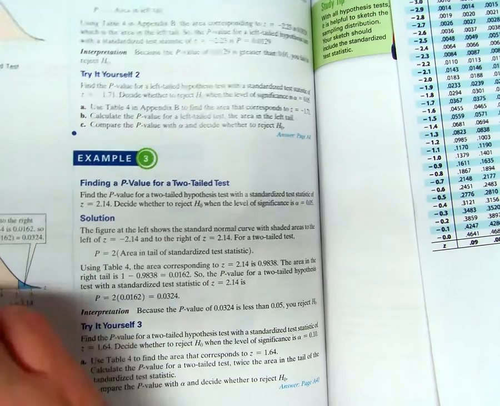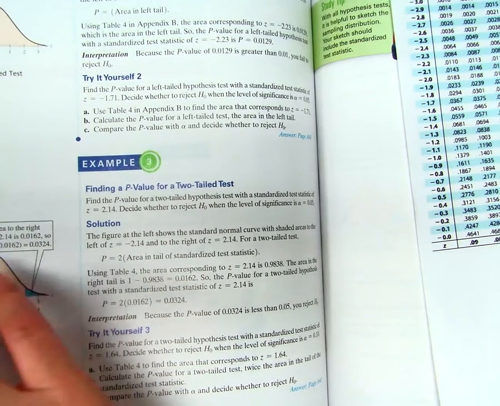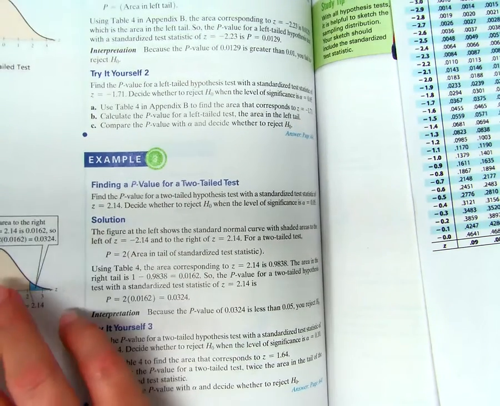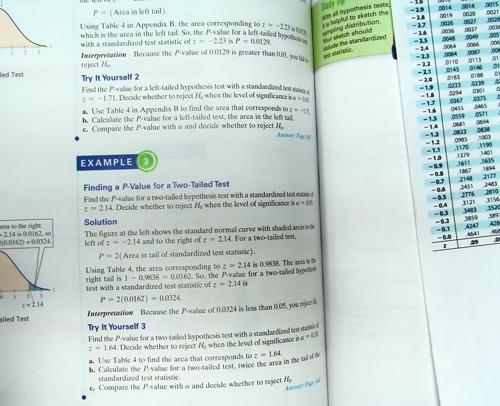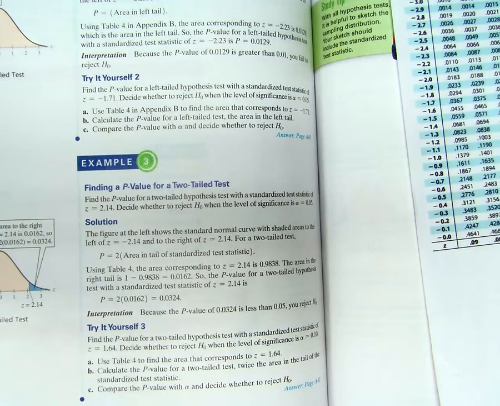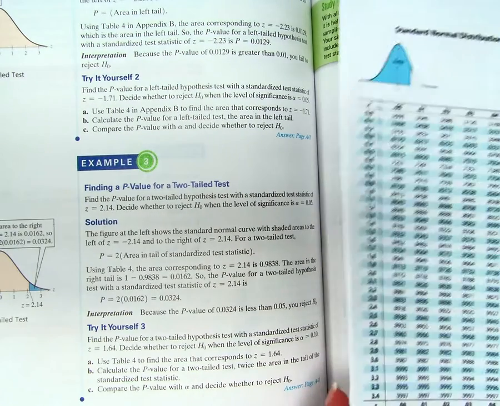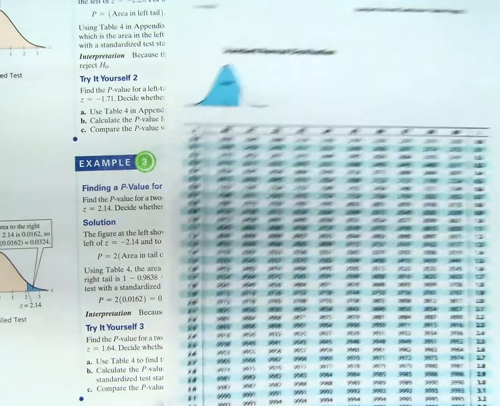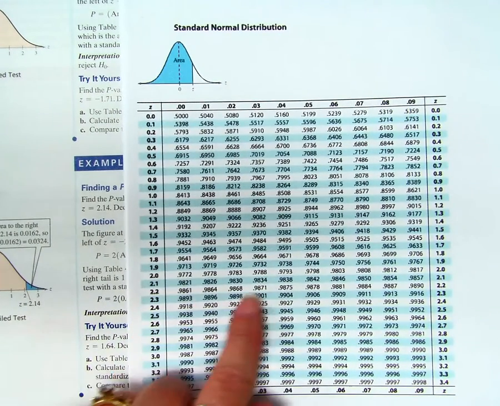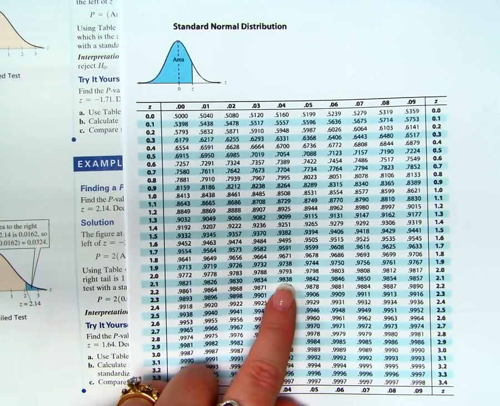Well, that means I have to find my other page of my z table, which is right here. What is it? 2.14. So 2.14, 0.9838.